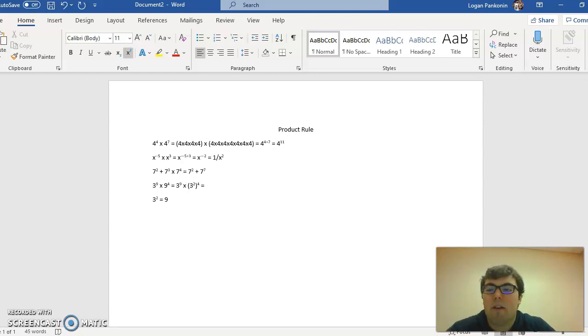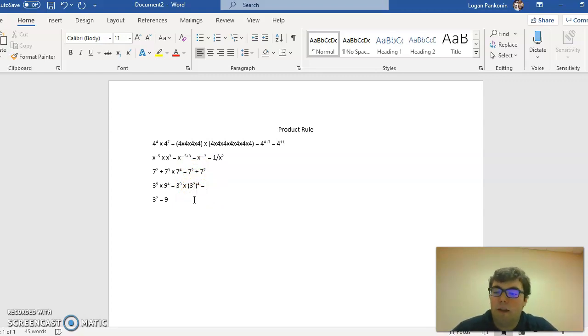And if you guys remember from the video yesterday about the power rule, we talked about that if we raise 3 squared to another power, we just multiply the exponents.